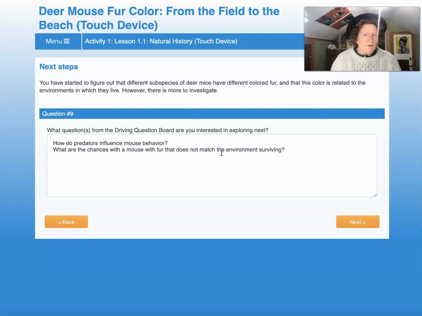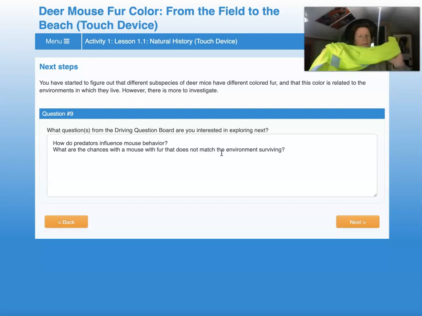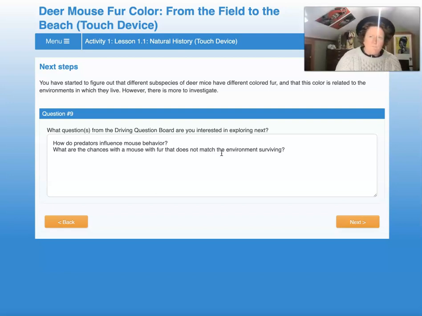We talked about how that would not be good if you were a mouse, because as we're going to see in the next part, lesson 1.2, there are predators around that might snap you up. If you're a mouse that's this color, you might be someone's lunch.